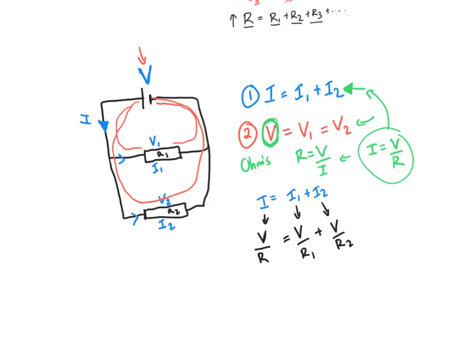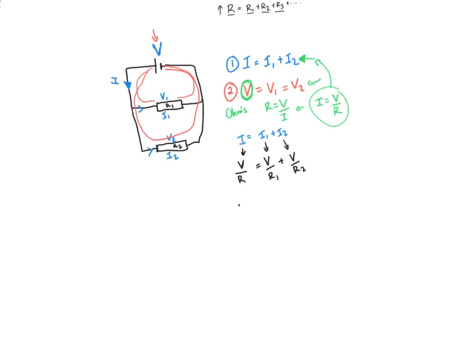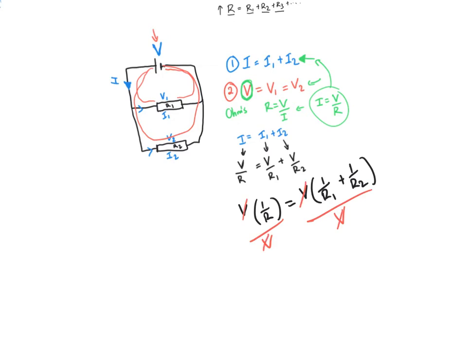I'll take a common factor V out, and if I divide both sides by V, V divided by V is 1, so I'm left with 1 over R is equal to 1 over R1 plus 1 over R2. If I had more resistors, then it will be plus 1 over R3 and so on.